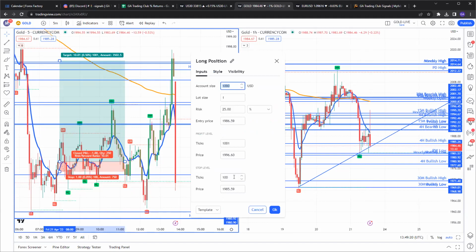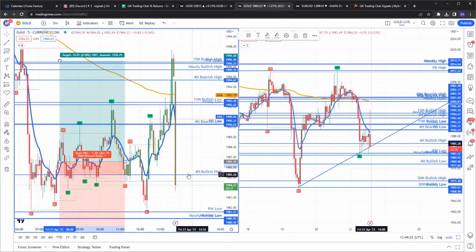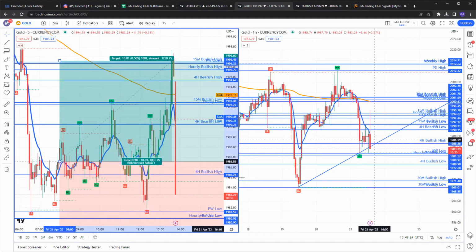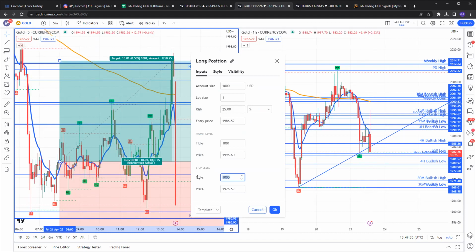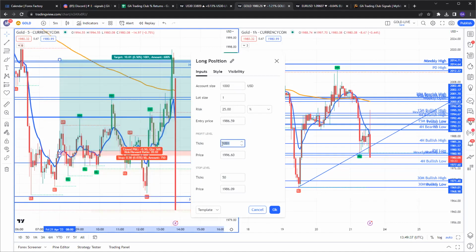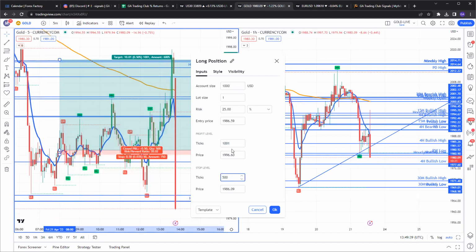Let's see. 100 pips TP, 100 pips stop loss, again, full take profit. Now for this one, if I was 50% in profit, yes, I would set break even. But if it was a signal, and I just entered with, of course, 50 pips TP, 50 pips stop loss, for the signal, I would just let whatever happens to happen.